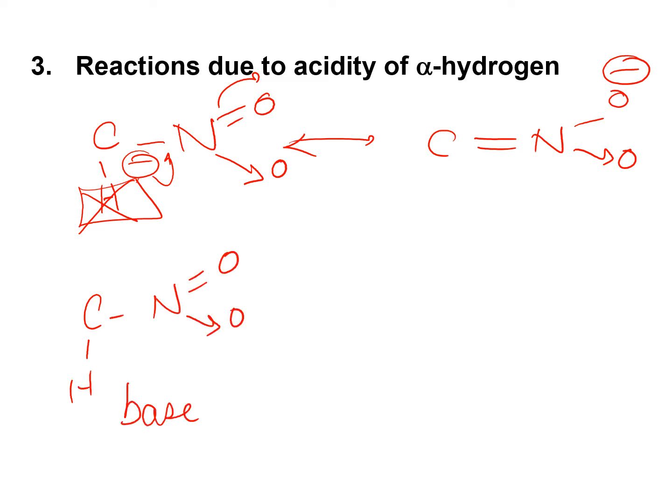So if we add a base, it will abstract this proton, putting a negative charge on the alpha carbon to the nitro group.